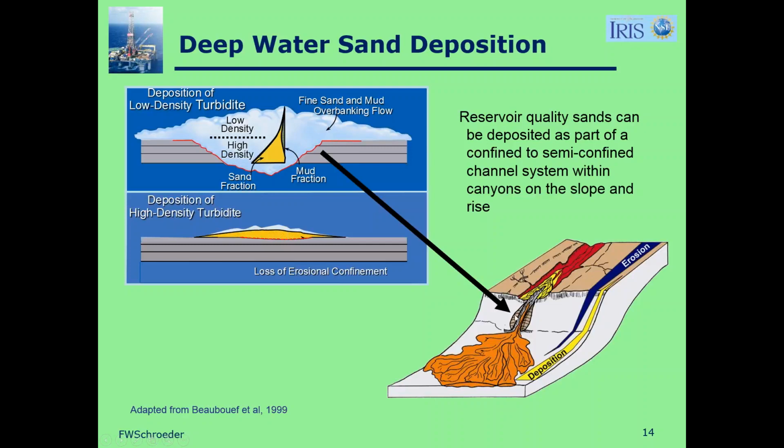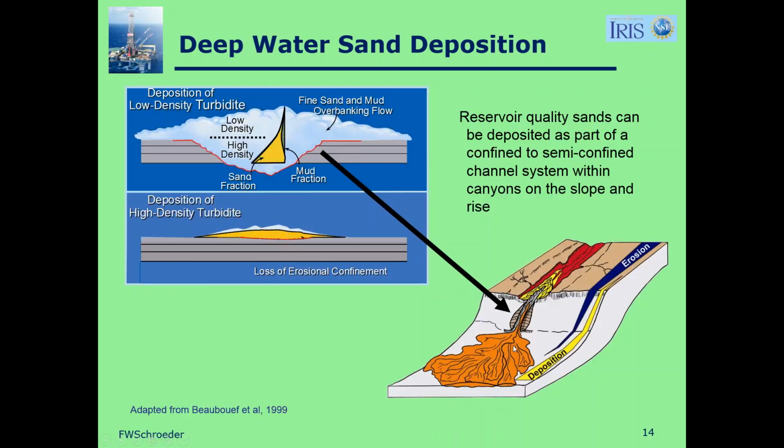And so we can get confined sediment in the lower part of the slope, and that's represented here, where we have a cut into the previous deposits, which are gray here. And as that turbidite, mostly water but with sediment grains mixed in, flows down there, the heavier, denser material will be near the axis of this canyon system.